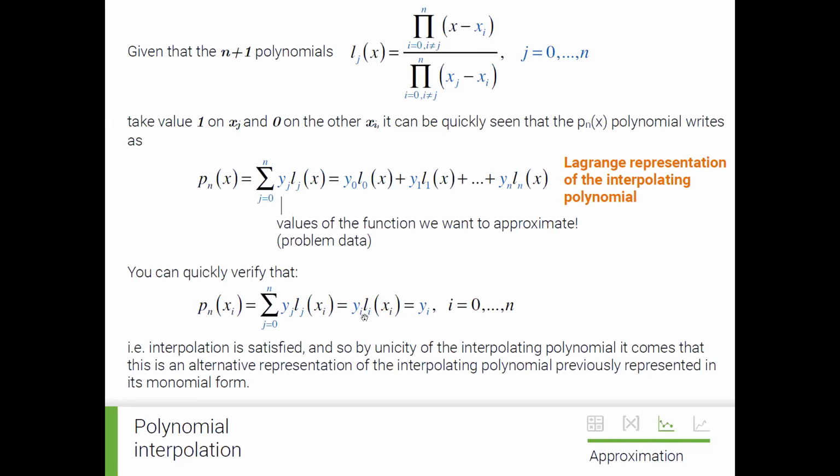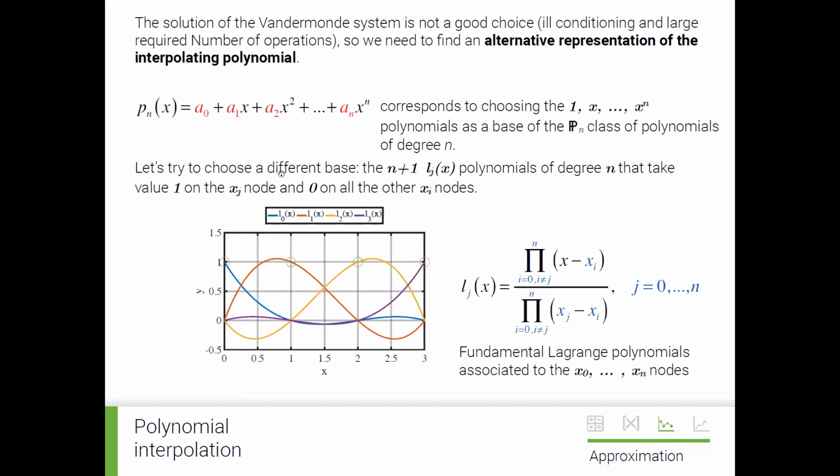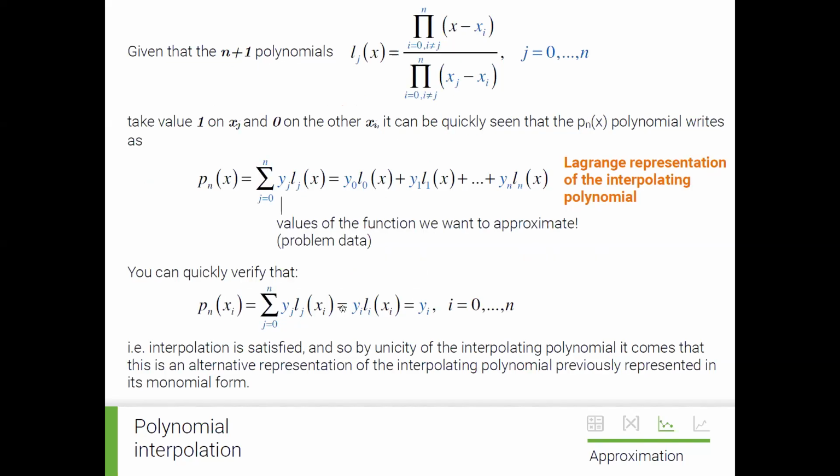It will be just yi li of xi, and this equals yi. So this interpolation is satisfied for i from 0 till n. This is an alternative representation of our previous polynomial, Pn of x.